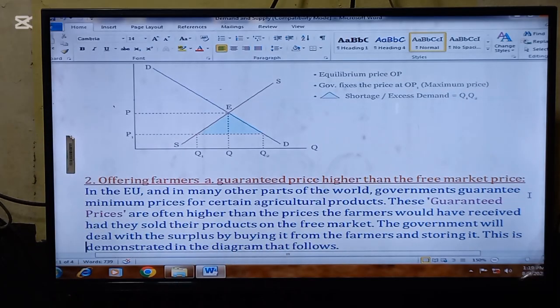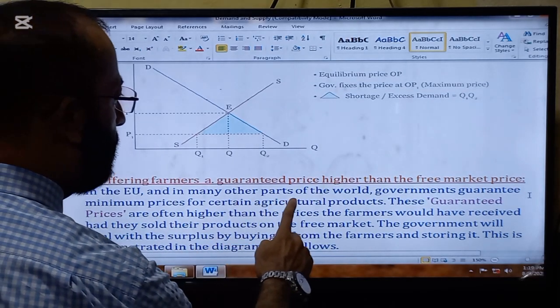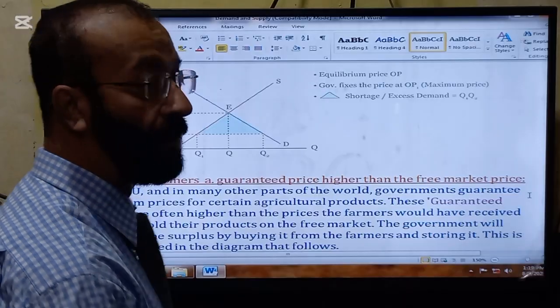The next example is offering farmers a guaranteed price higher than the free market price.